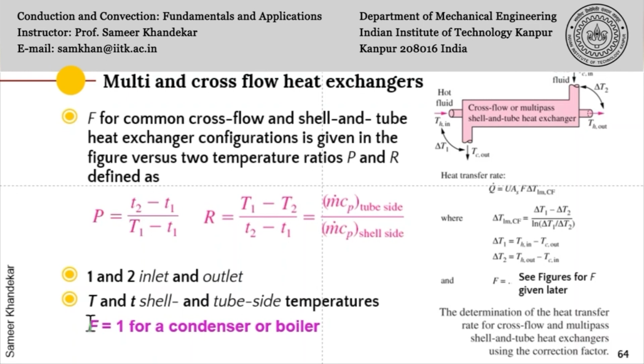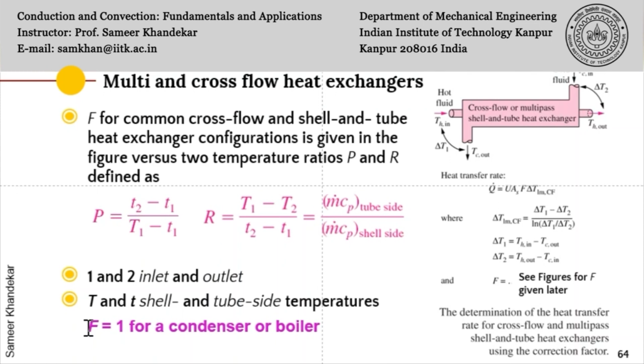Also remember, for all condensers and boilers, because there is no delta T for the hot fluid or the cold fluid, depending on whether it is a condenser or a boiler, F has to be taken as 1. For all other heat exchangers based only on sensible heat transfer, you will use the charts.